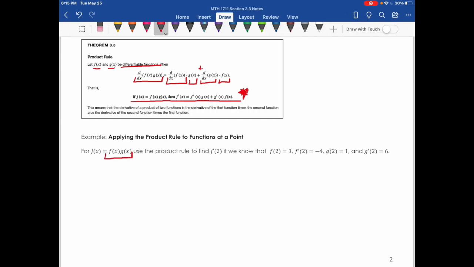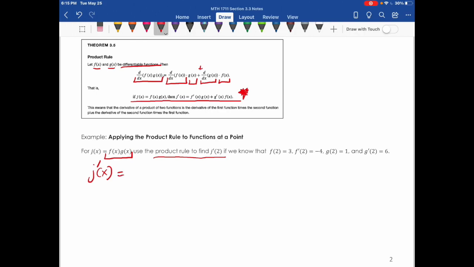Okay, so in this first example, we have a function called j of x, and j of x is made up of the product of two functions, f of x and g of x. We want to find the derivative of j of x. Because j of x is made up of a product of f of x and g of x, we're going to use the product rule to find the derivative of j at a specific point 2.